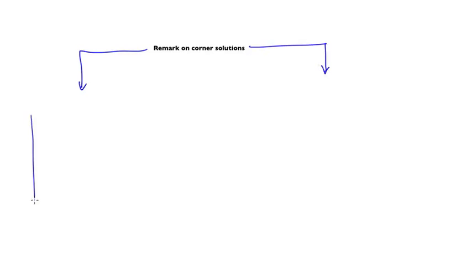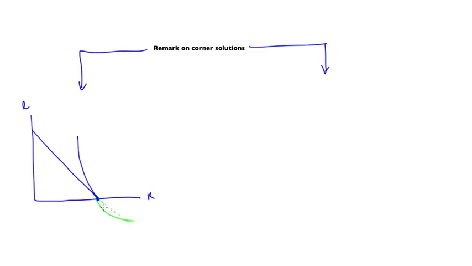Suppose that you're in a situation like this. This is capital, this is labor, this is the isocost line, and you have that the isoquant is like this. So at this point, basically, the marginal rate of technological substitution is steeper than the isocost line. Another way of saying this is that if you were to continue the lines outside the feasible space, they will basically cross like that. Now that's a situation in which you were not constrained by labor.